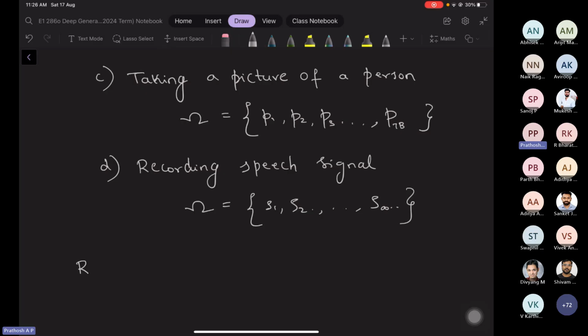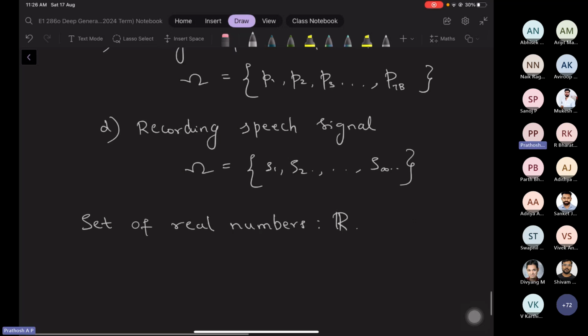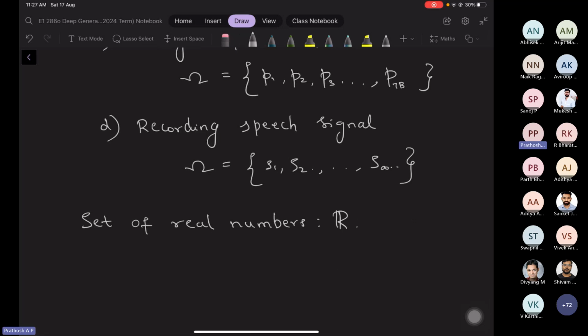Let's say that I have the set of real numbers. Simply take the set of real numbers, call it R. Now, I take a subset.